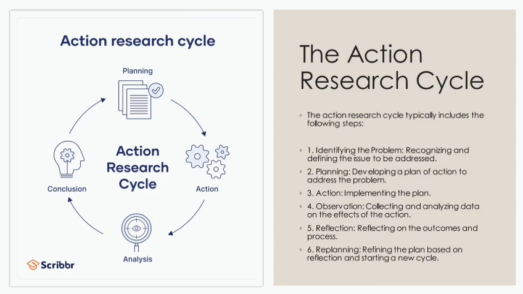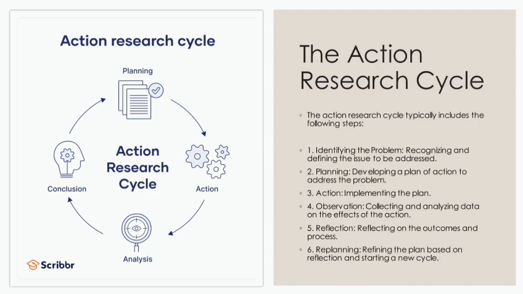Now let's walk through the action research cycle, which is the heart of this methodology. Let's break down the action research cycle into four main phases, and the end result is a cyclic process that repeats itself. So we'll start with planning.